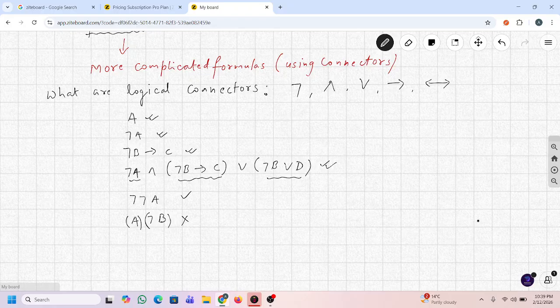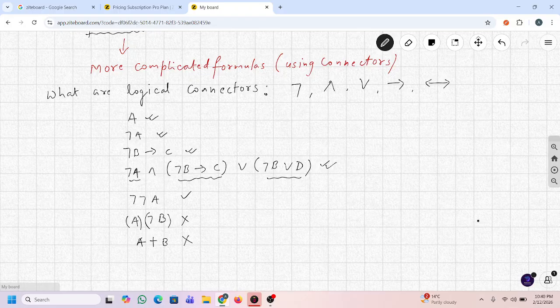There is no connector in between, so this does not represent a formula. Similarly, A plus B is also not a formula, because we don't know what plus means here.